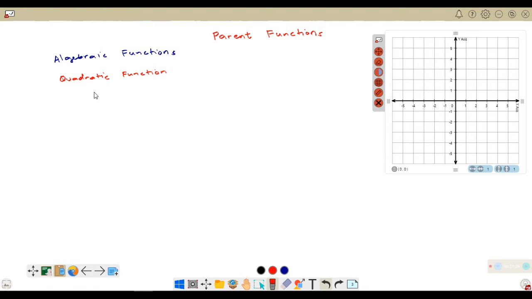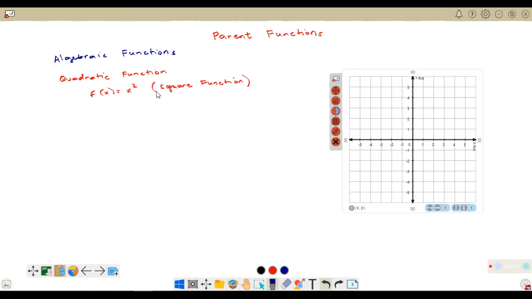So, the parent function is f of x is equal to x squared, which is also known as the square function. What will be the graph of the parent function of a quadratic function, which is a square function?